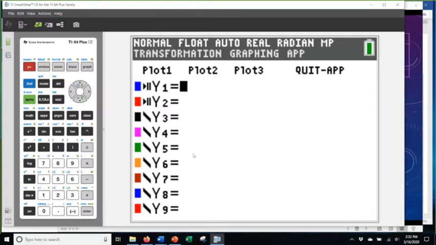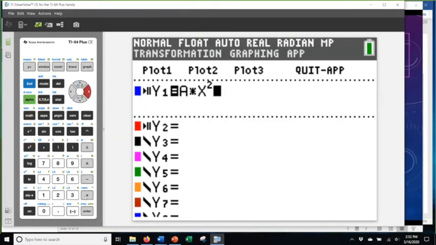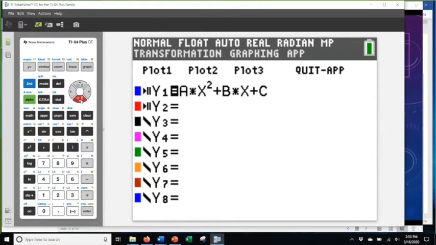Okay, so let's first talk about the standard form of a quadratic, and we're going to do ax squared plus bx plus c. What I like to do is I like to make that multiplication explicit for students, because with all the letters going on, sometimes they're not paying as close attention as they should to what math is happening between a and x squared, for example.